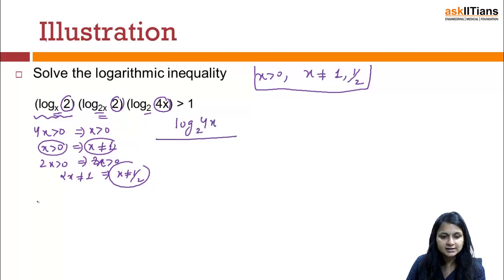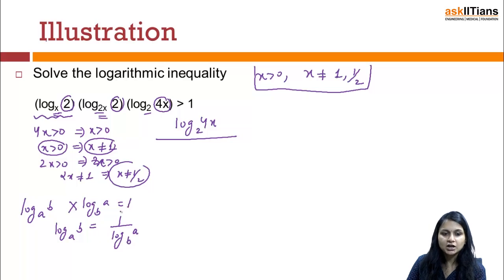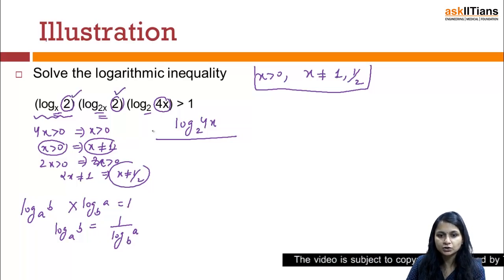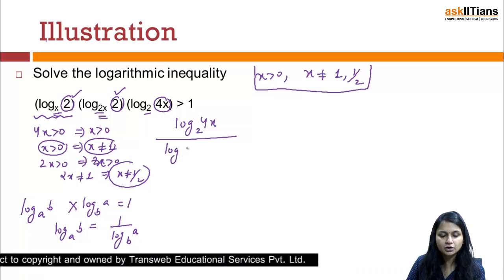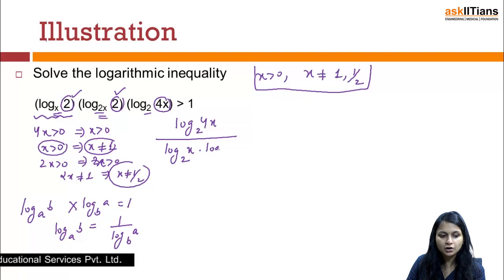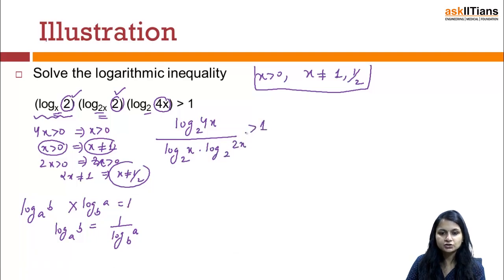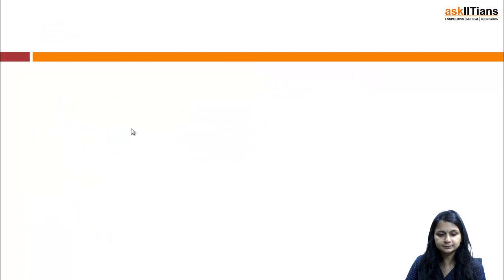Now we know a property that log b to the base a into log a to the base b is 1, so I can always write log b to the base a as 1 upon log a to the base b. Because here I can see 2, here I can see 2, I will just change to the same base. So this becomes log x to the base 2, log 2x to the base 2, greater than 1. Let's see how we can solve this inequality.